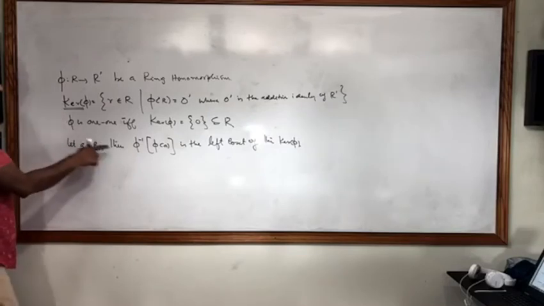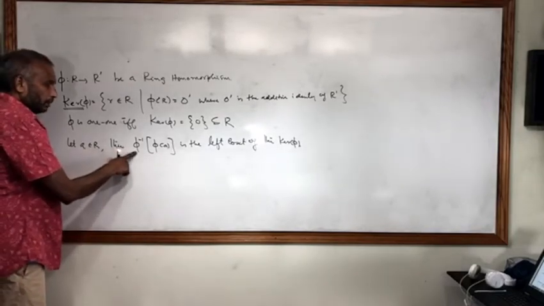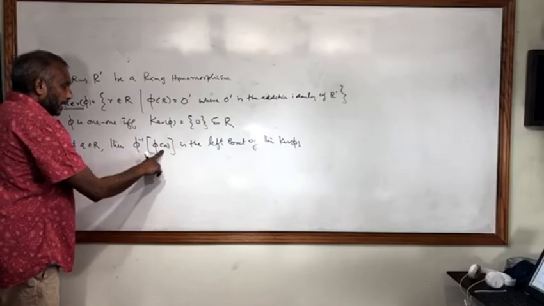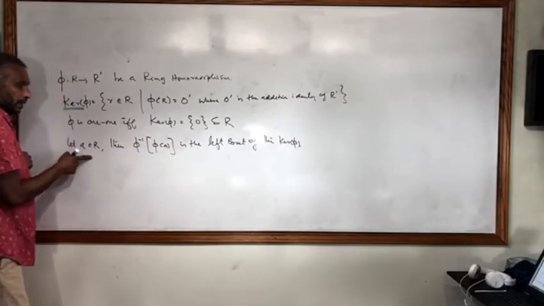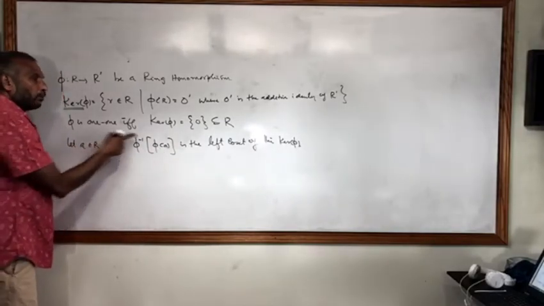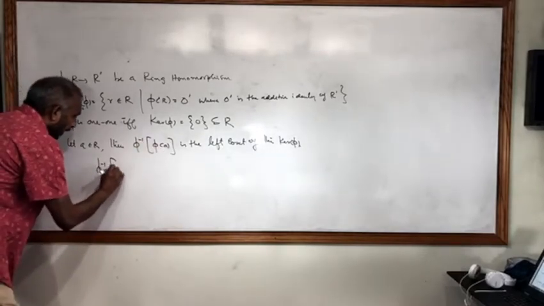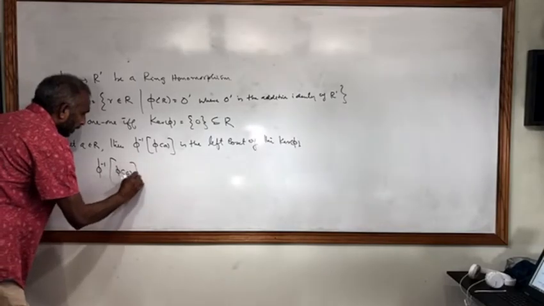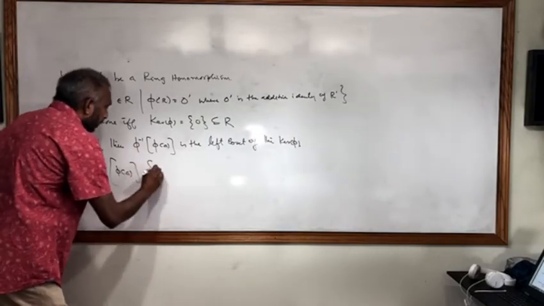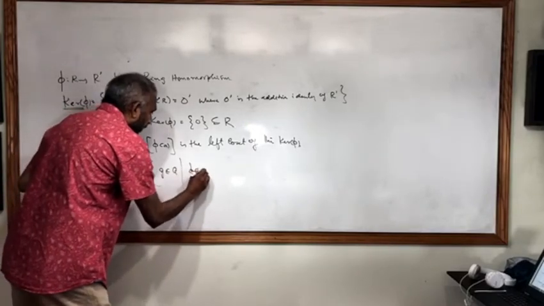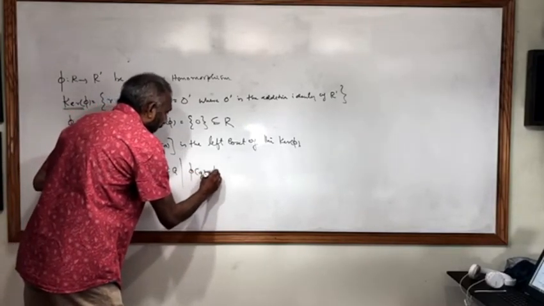If phi is a group homomorphism, then phi inverse of phi a is the collection of all elements that are mapped to phi a. Actually, phi inverse of phi a is equal to g belongs to G such that phi of g is equal to phi of a.